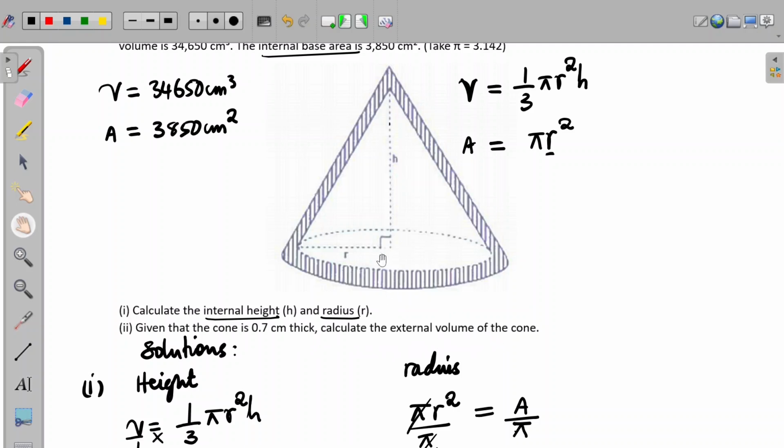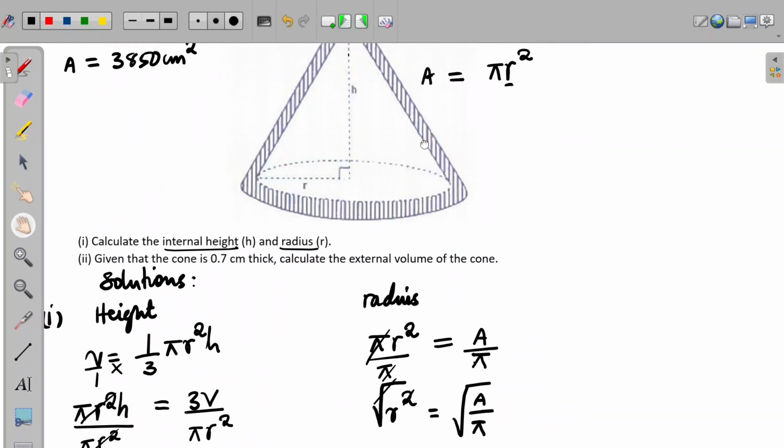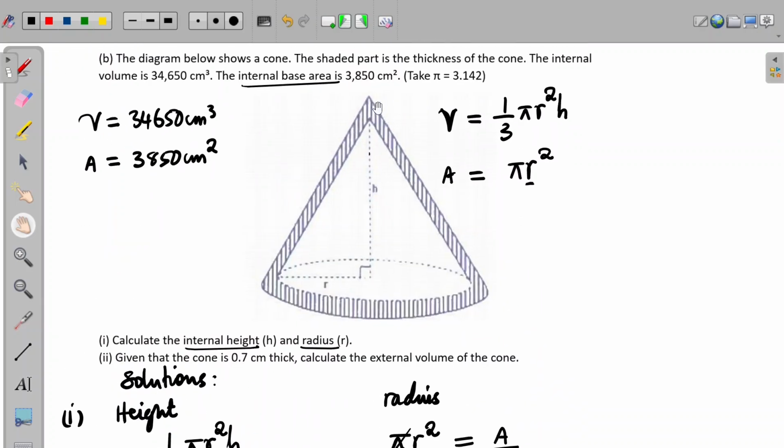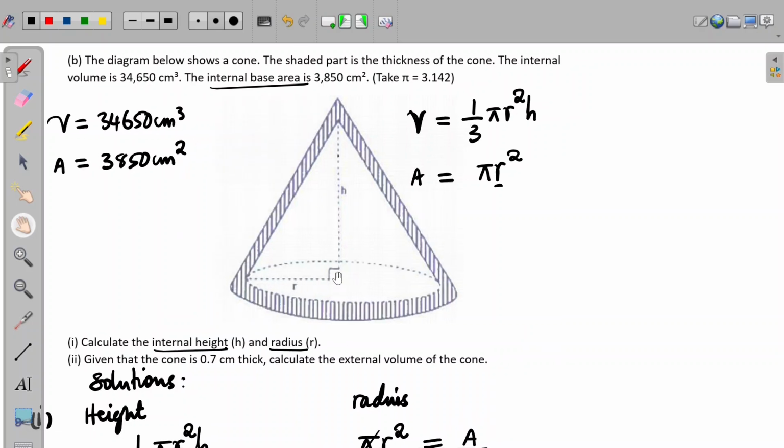Given this thickness, what would be the external volume considering the outside dimensions? So for us to know the volume, we should know the actual diameter from here, radius from here up to the end here, and height from there up to the end here.